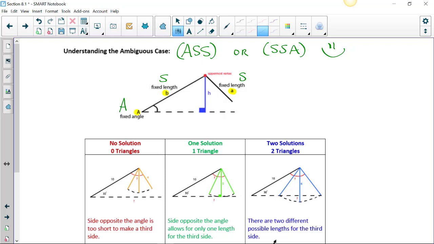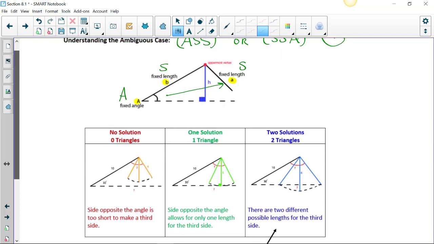We know the angle and the side opposite that angle, and then we're given an additional side. What we're trying to figure out is whether the side opposite our angle is long enough to make one exact triangle, or long enough to make two triangles, or maybe it's too short and won't make a triangle at all.